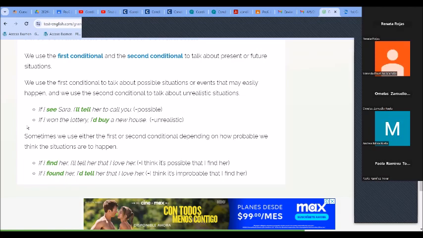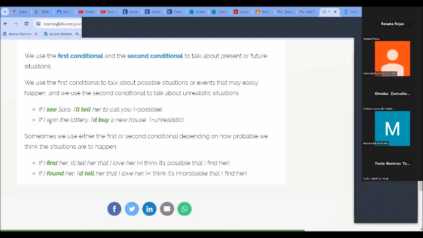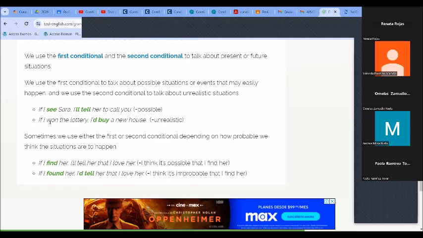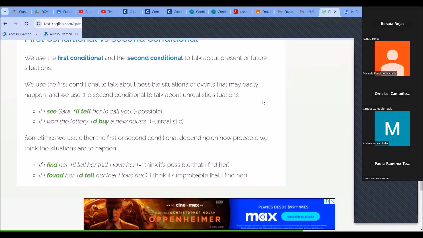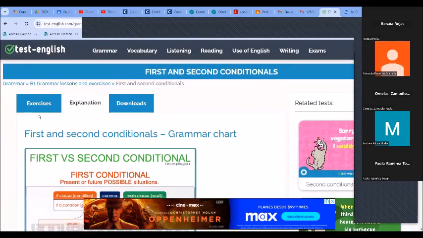The second one is unrealistic. You don't go and buy lottery tickets every day, so you can't buy a new house with the lottery money. So you would have to have an existing situation to give you a future possibility, or you can just dream and wish and get the second conditional phrases.